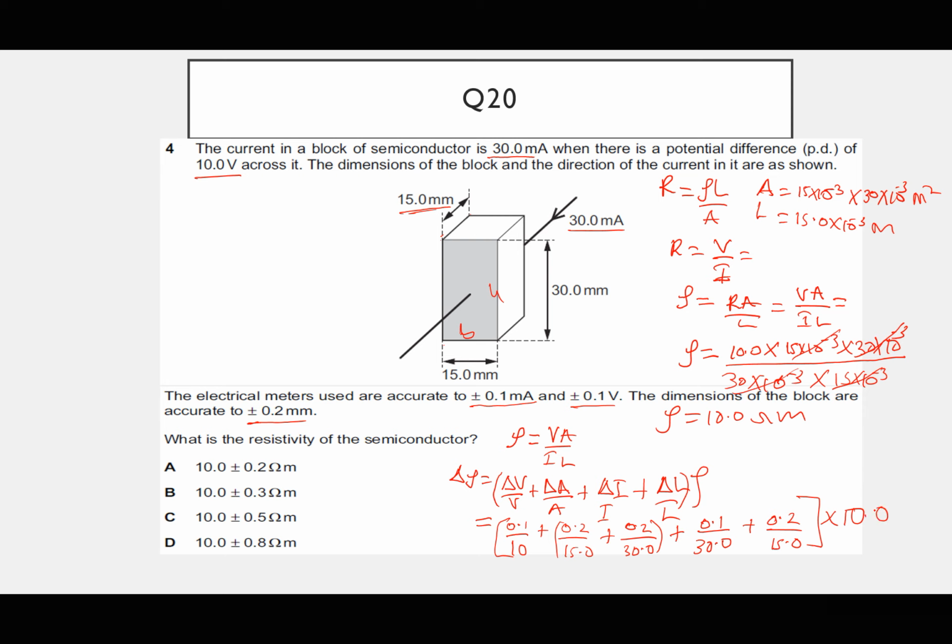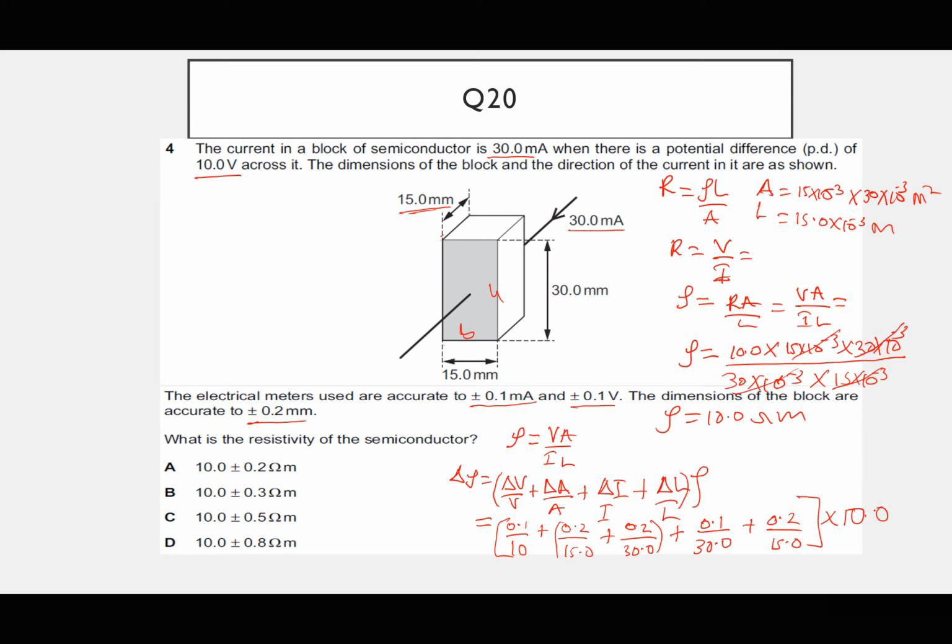So let me check. You can also pick your calculator and check. Open the brackets, 0.1 over 10 plus, open another bracket, 0.2 over 15 plus, open another bracket, 0.2 over 30, close that bracket, plus, open another bracket, 0.1 over 30, close that bracket, plus, open another one, 0.2 over 15, close that bracket.